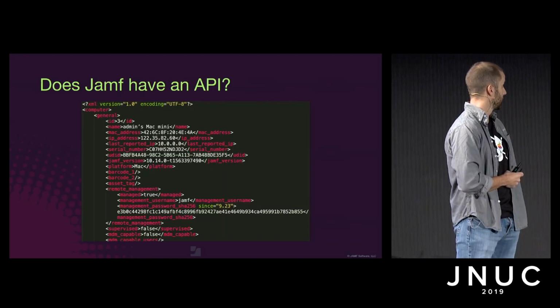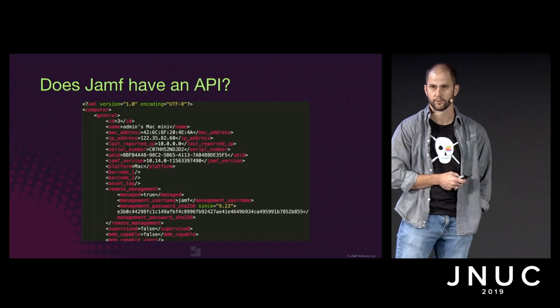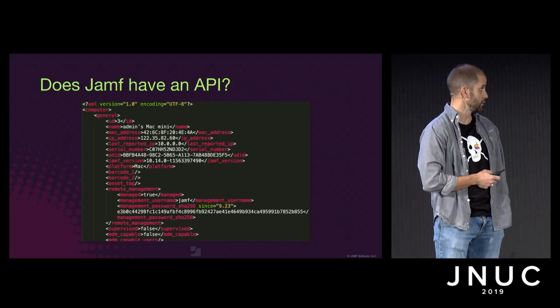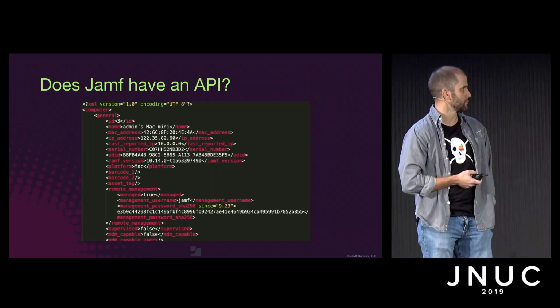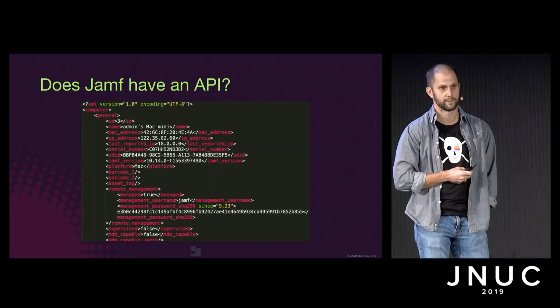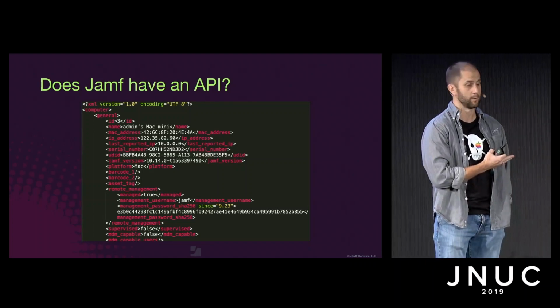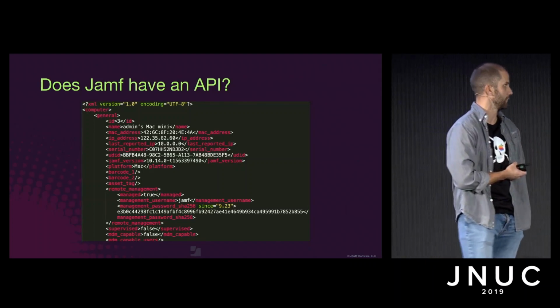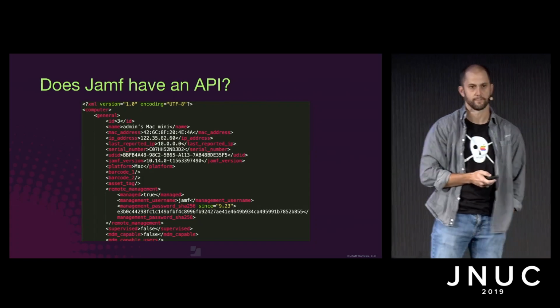As we look through the tree, we see a name, we see MAC address, we see IP address, serial number, et cetera. This is useful at a glance, but we don't always want to view the big picture, especially if we're working programmatically. This data is great for reporting, but if we wanted to act on a single value within this data, we're going to have to parse it down further.